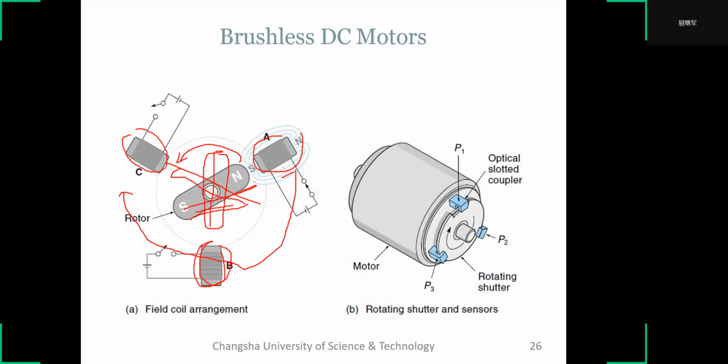This is a brushless DC motor. In reality, we detect the rotor position with an optical slotted coupler.